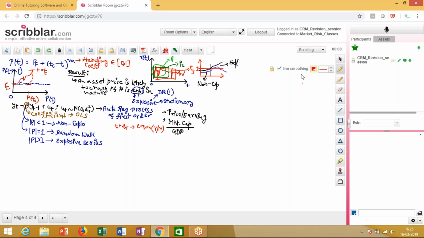So obviously, one way of identifying it is the price earnings ratio. That's one. The second is the market capitalization to GDP ratio. Another very important part is the dividend stream.